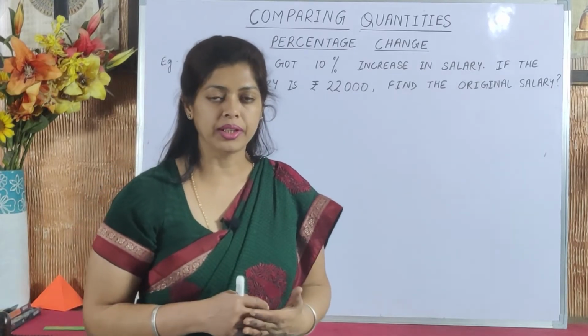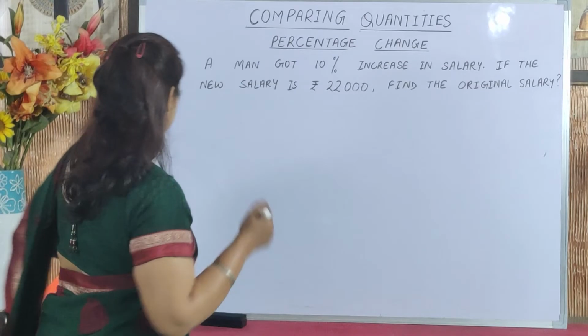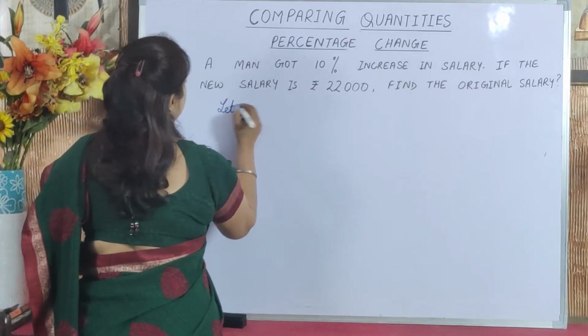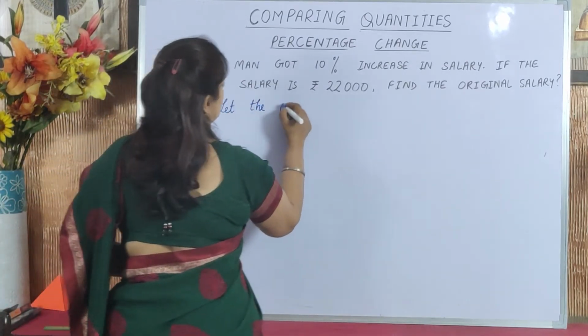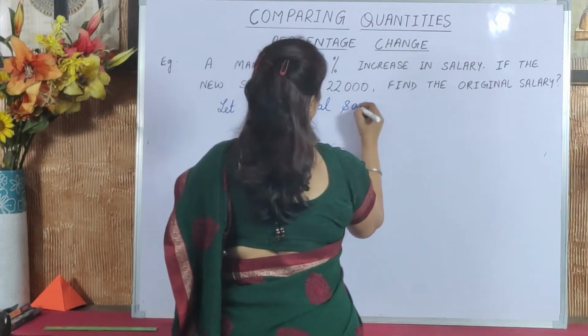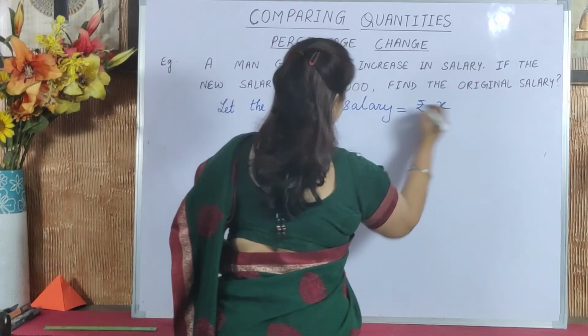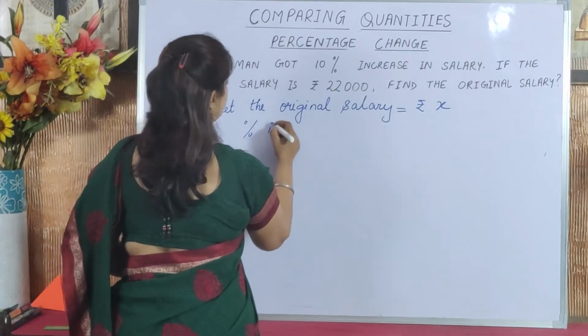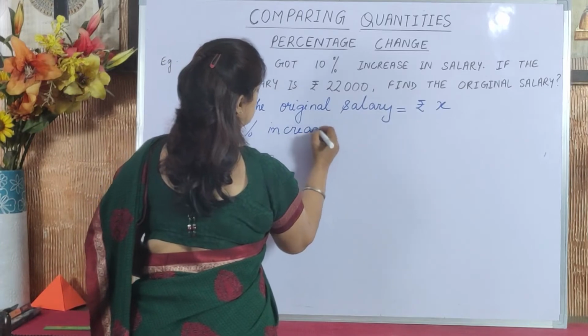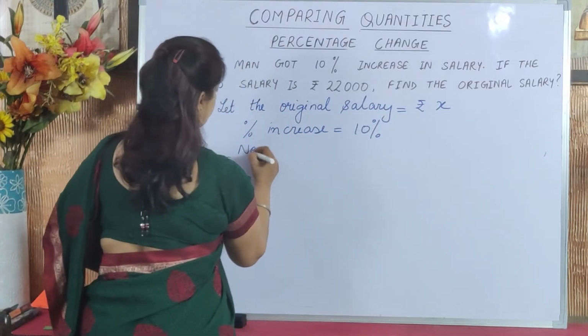So how do we start with this? Let the original salary be rupees X. Now the percentage increase is given to you, which is 10%, and the new salary is given to you after the increase.